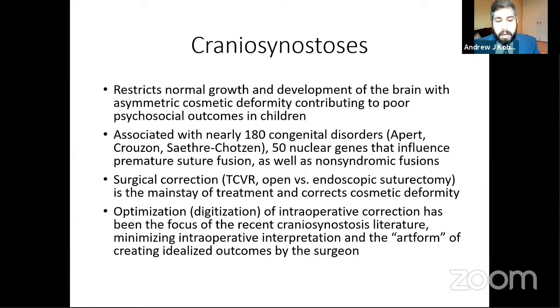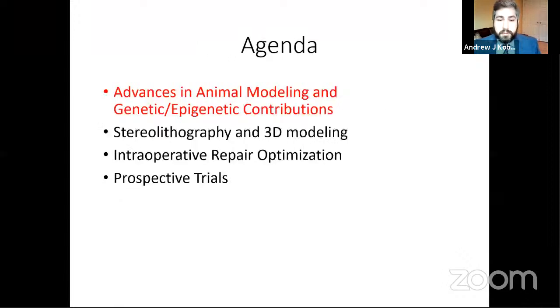The other side is the digitization of intraoperative correction, which has been the focus to minimize intraoperative interpretation, minimize this art form, which we do very much like as surgeons, but which provides us with a greater sense of comfort knowing that we've reached our aesthetic and reparative goals for the procedure immediately within the surgery.